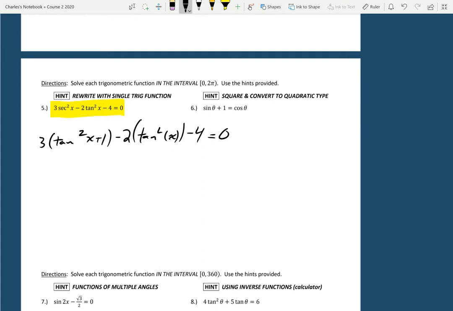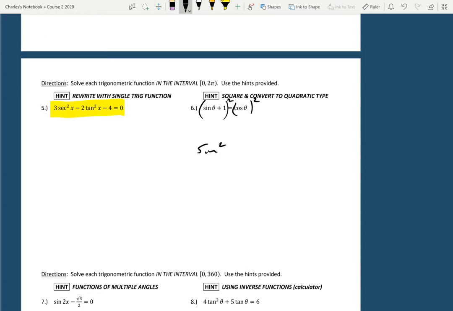Let's see. Square and convert to quadratic type. Well, I'm going to square it. So in this thing, I'm going to square it. And then when I do that, I get sine squared plus 2 sine plus 1 is equal to cosine squared.